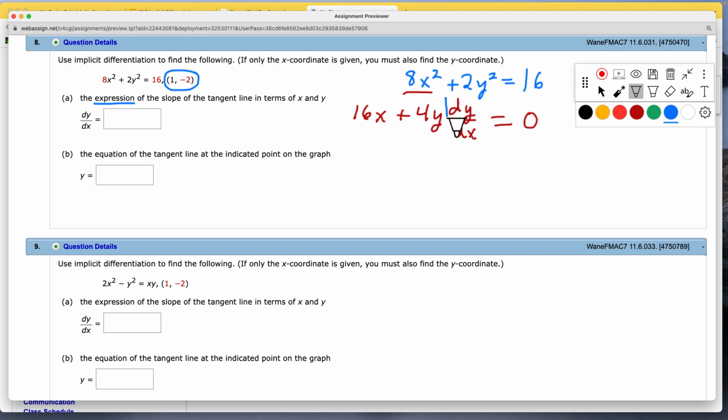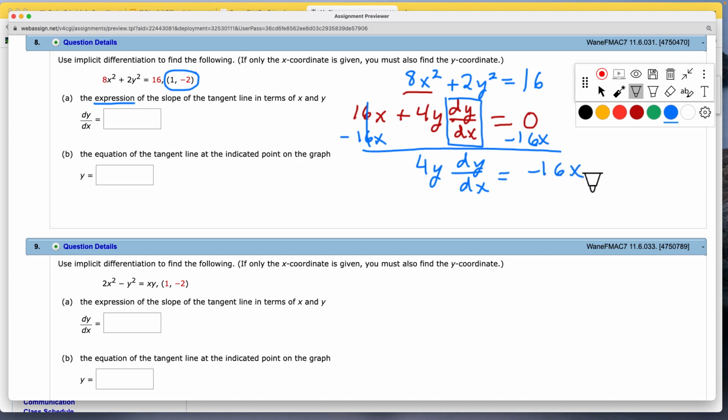So again, I'll highlight, we want to get this by itself. So it's really just, okay, let's subtract 16x. So this becomes, that's 0 for y, 4y dy dx equals negative 16x.